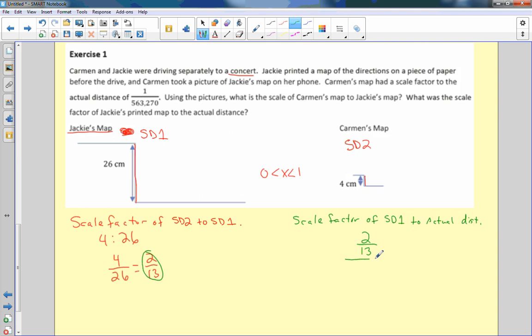And then the word "to" tells us where to put the fraction bar or the colon if we're using a ratio. So it's 2/13 to the actual distance, which is 1 over 563,270.